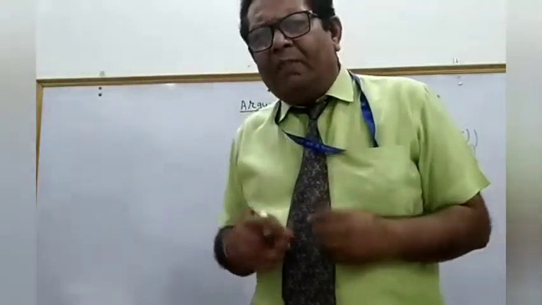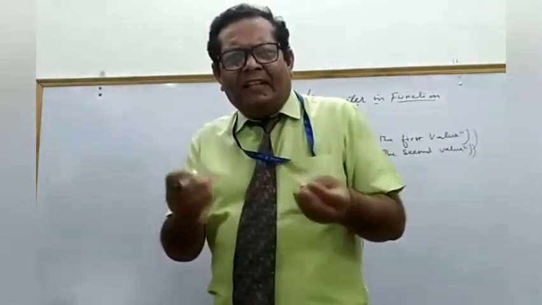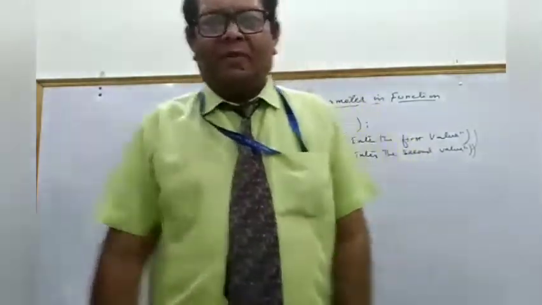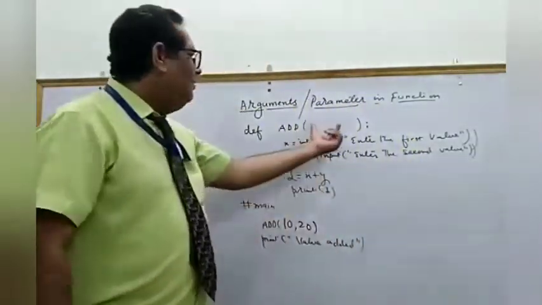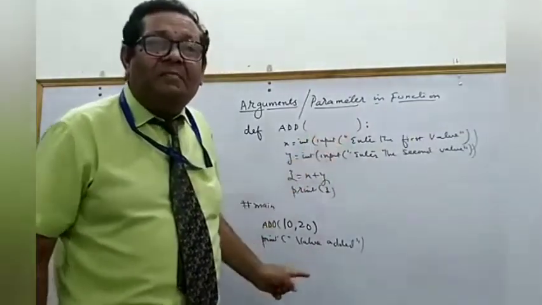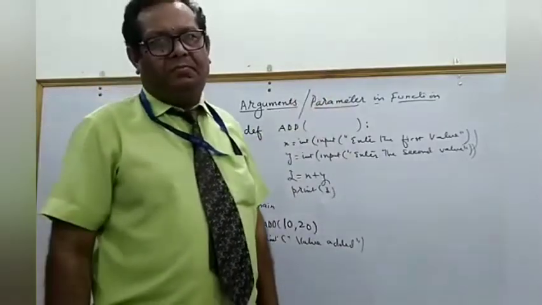So those two values will be given to the function add. Therefore, the function add needs some storage place where it can store the values. So this is the place where the function add will collect the values passed by the function main, which have been carried by the control.